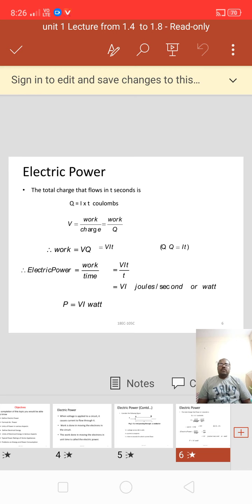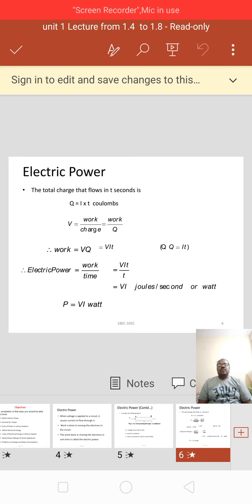Now, the unit of electric power. The total charge that flows in T seconds is given by Q equal to total current into time, in coulombs.